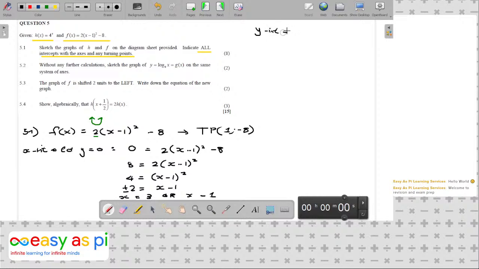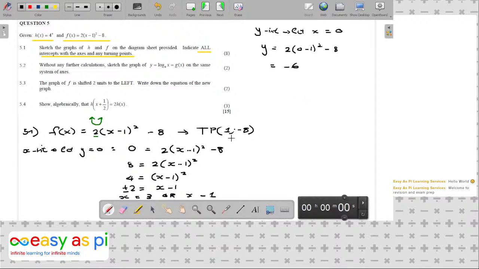Now I need to work out the y-intercept. How do I work out the y-intercept? I let x equal 0. In this case, y is equal to 2 into 0 minus 1 squared minus 8. So 0 minus 1 is minus 1, squared is 1, times 2 is 2, and 2 minus 8 is negative 6.